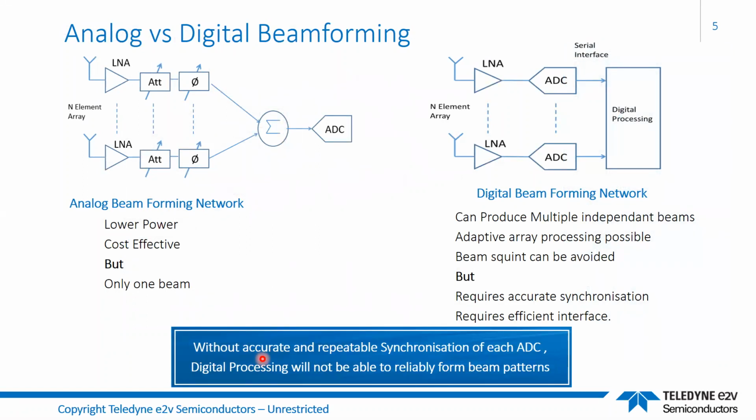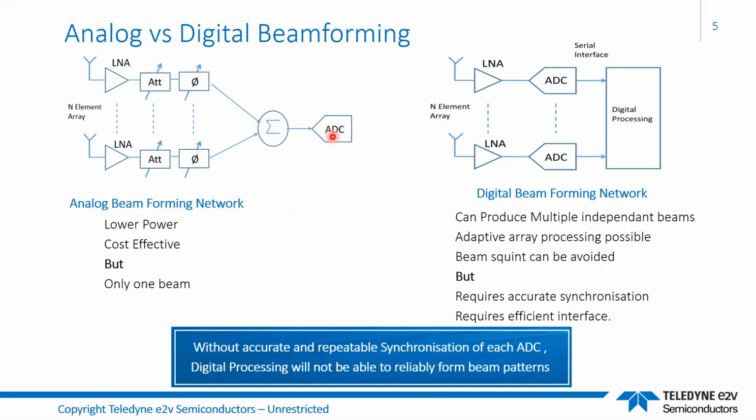Up to now, we have seen more beamforming networks that use an analog approach. You can see this on the slide on the left here. In this case, I'm looking at a receive system at the moment. The antenna signal will be boosted, then there'll be a variable gain or attenuation to the signal, then a phase shift, and then all the antenna elements would be summed together and then digitized by an ADC.